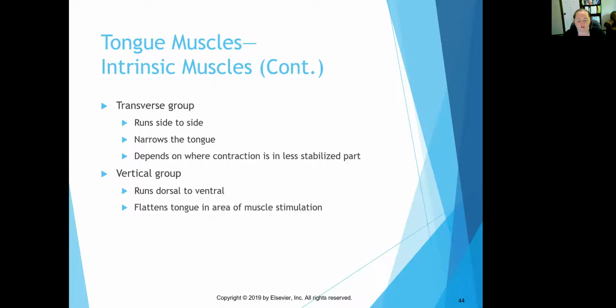What do you think the longitudinal is going to do? Elongate the tongue? Long or shorten. Yep, it's going to lengthen it or shorten it. Okay. Then we have our vertical group, and these are going to run from the dorsum to the ventral surfaces. And this is going to flatten the tongue in areas when the muscle is stimulated. Okay.